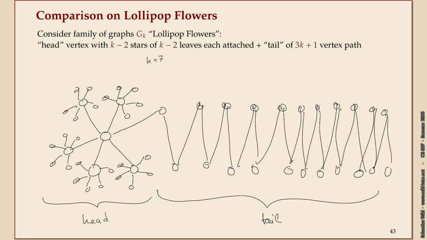Let's find the minimum vertex cover in this graph. It's not actually that hard. If you start from these guys, it's got to be best to include the centers of these stars, right? Otherwise, I have to include all these leaves. That's going to be worse. So I'm including all those. That also covers all these edges, so these are all done.